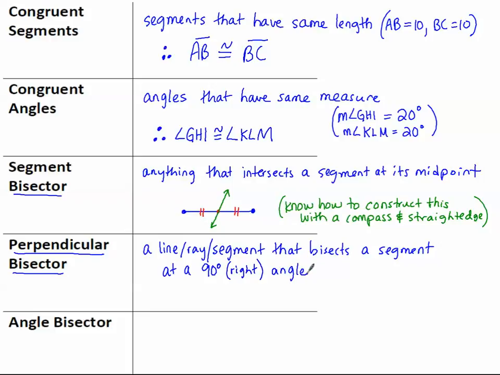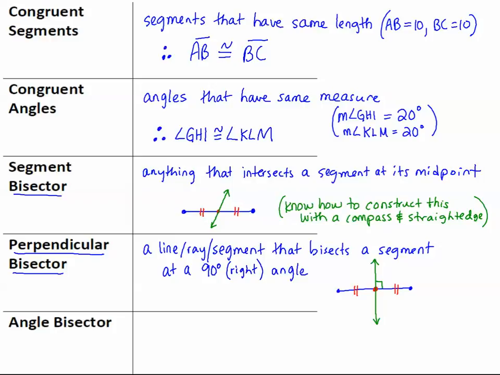Let's draw a picture of what that looks like. There's a segment, just like the previous picture. Bisect, find the midpoint, cut this in half, but now we must do it at a right angle. See how I made that have a 90-degree angle? This line is now a perpendicular bisector of the segment.